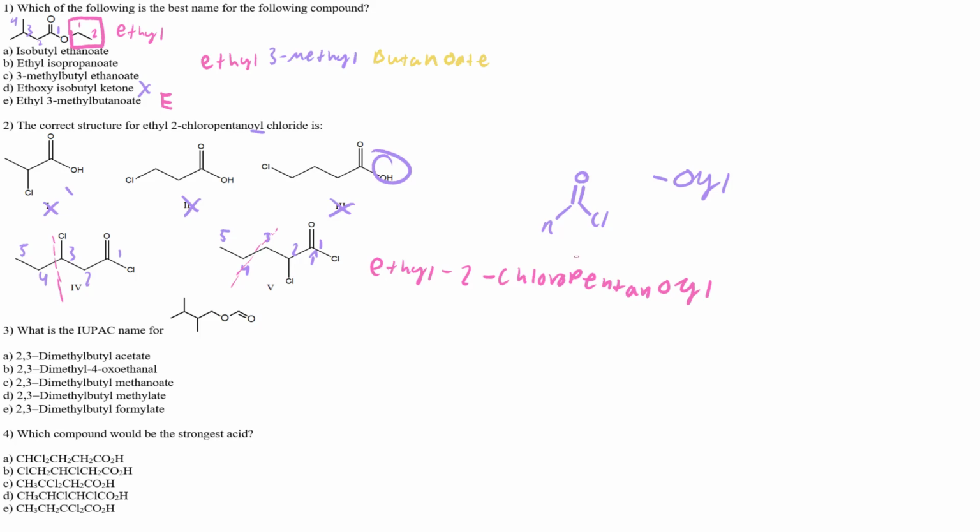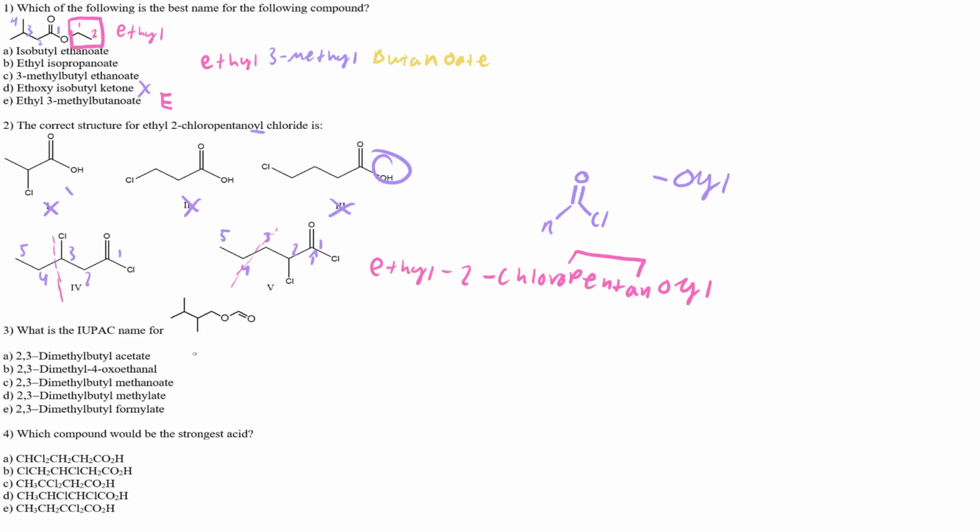There are 5 carbons overall, hence the pentan. And then we're going to have an oyl group, O-Y-L, right? Over here, this chlorine is on the third carbon, so it could be like a propyl, right? So this would be like propyl 3-chloropentanoyl, right? It's kind of weird. But yeah.